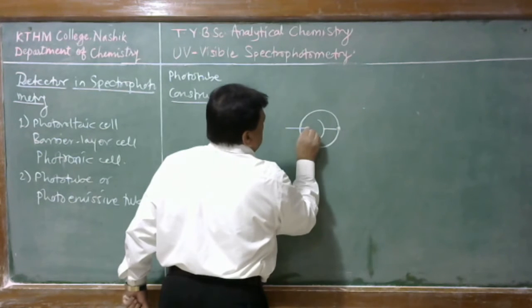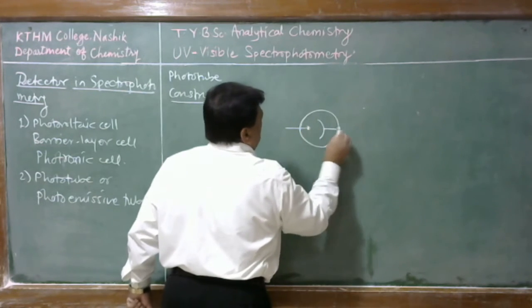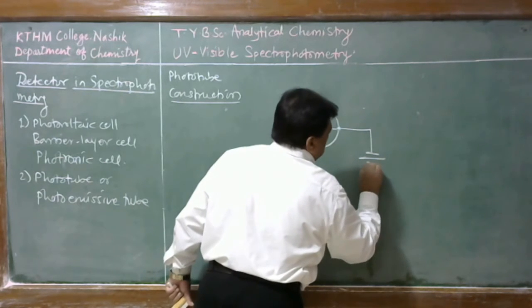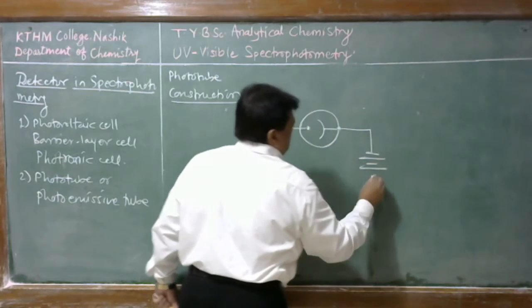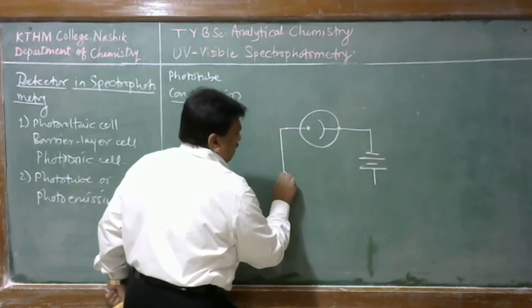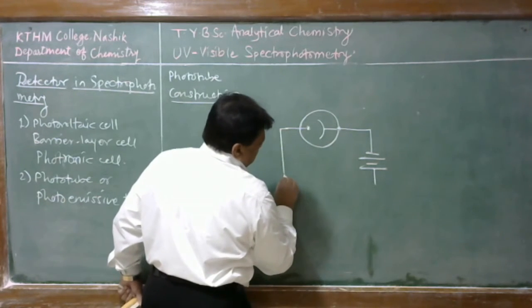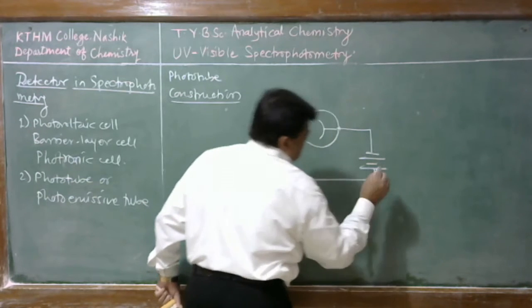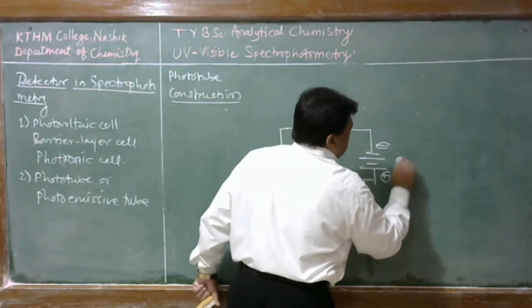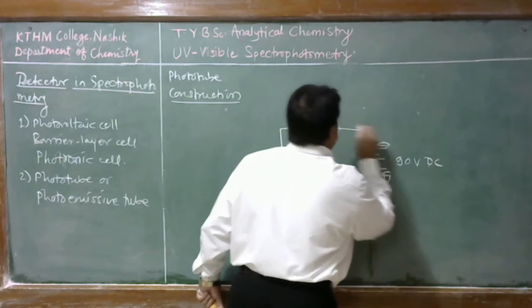Here there is an anode. These two are given a negative and positive 90 volt DC voltage.